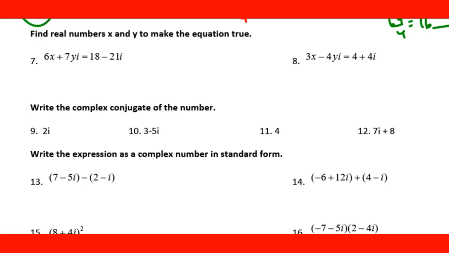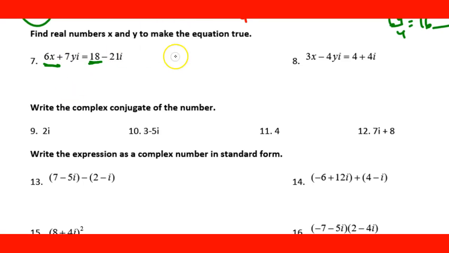Now, it says find real numbers x and y to make the equation true. I want you to notice that there are 2 parts to both of these equations: there's a real part, and there's the imaginary part.